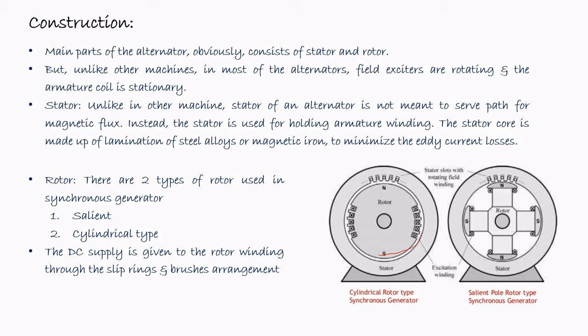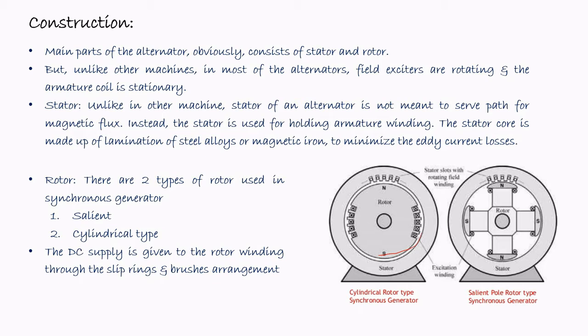Normally, the EMF produced by the synchronous generator is three-phase in nature, as developed in the different power stations. We know that the energy conversion, that means the mechanical energy converted to electrical energy in a generator, happens in the armature windings.